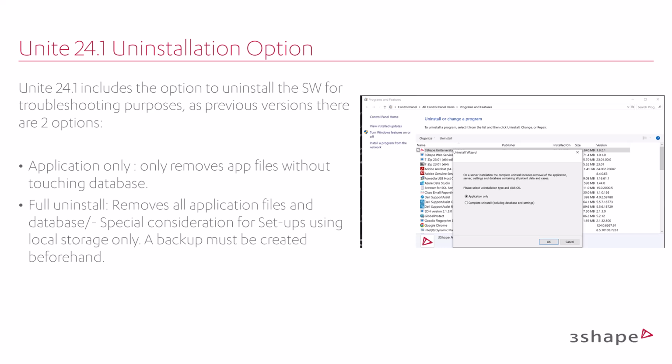It's important to note that for setups utilizing local storage only, a backup must be created beforehand. Similar to the company reset option, all data synchronized with the cloud storage service will remain unaffected and accessible if the same company is synchronized with the device from which the uninstallation occurred.